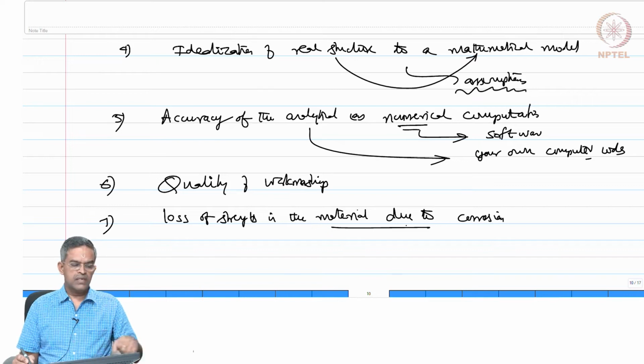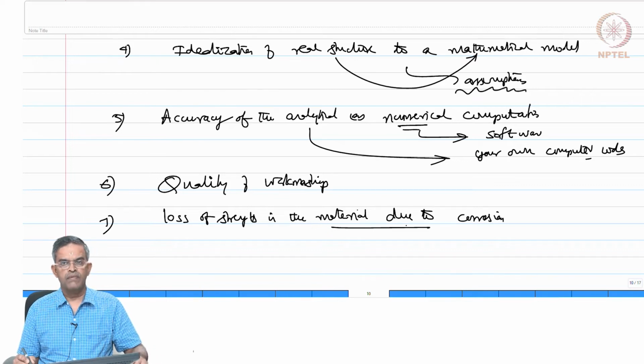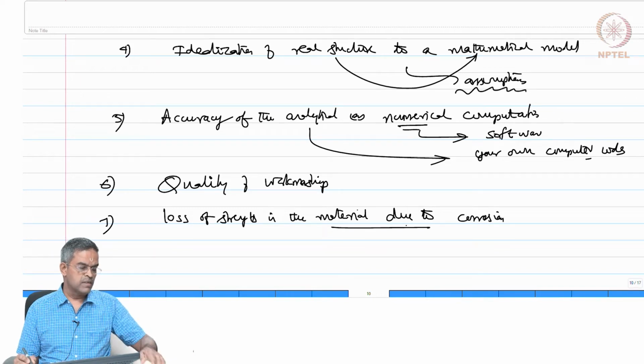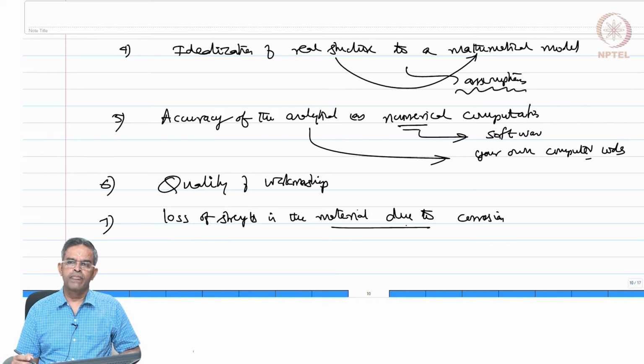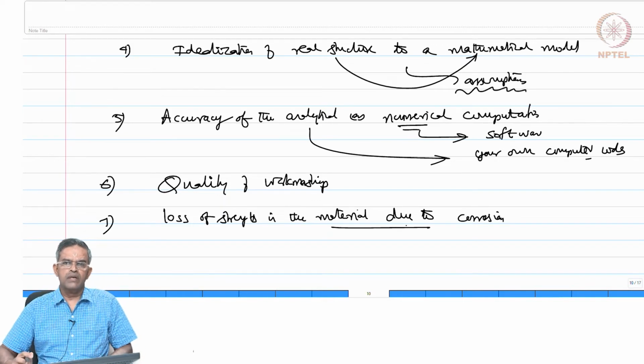So, there can be a strength reduction with aging of the structure when the structure is placed in marine environment. So, these 7 factors can contribute significantly to the uncertainties in the analysis of structural systems under environmental loads.